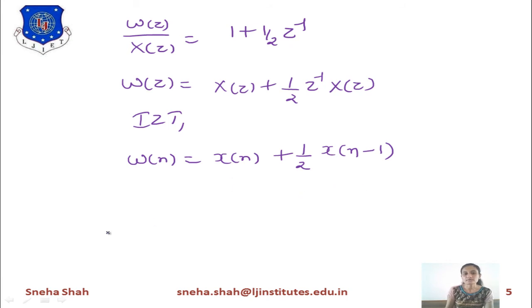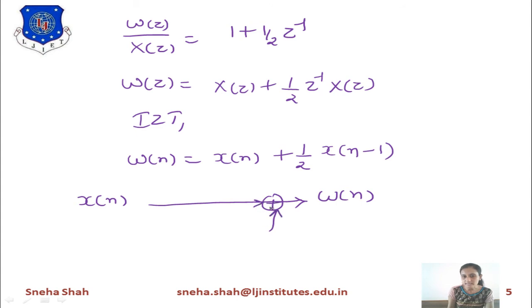Now from this we will draw the first stage. If we take the input part as X(n), it will give you the output part as W(n). What is W(n)? W(n) equals X(n) plus this part, so we add another part.